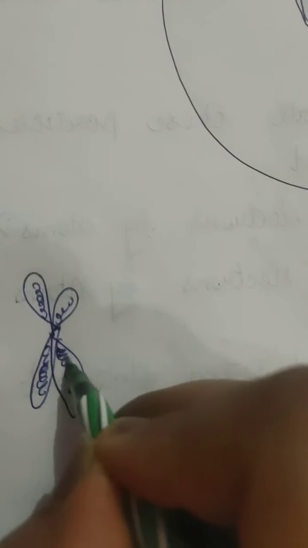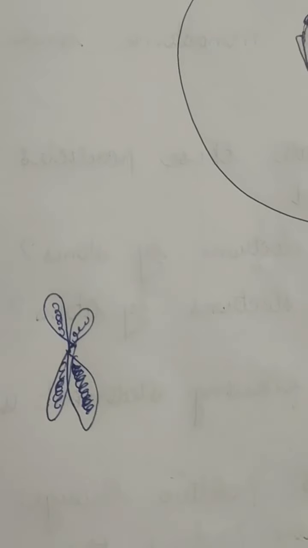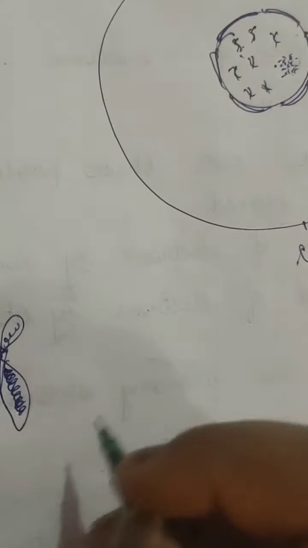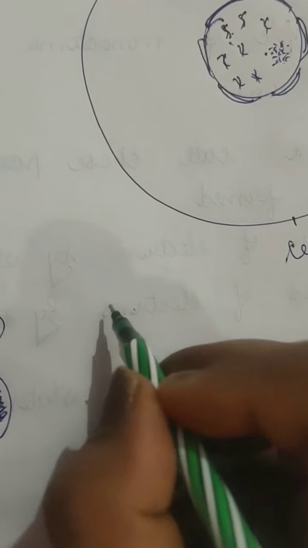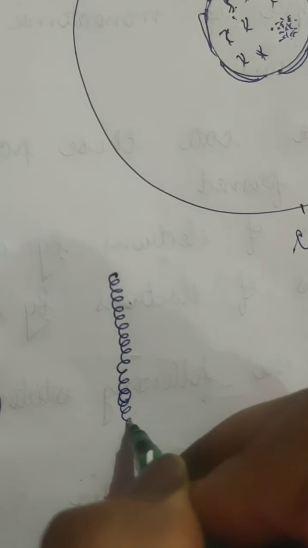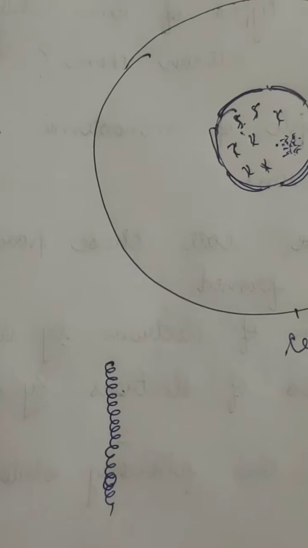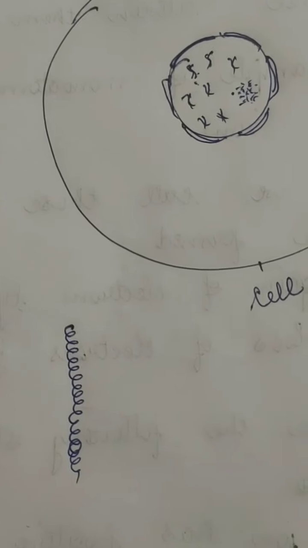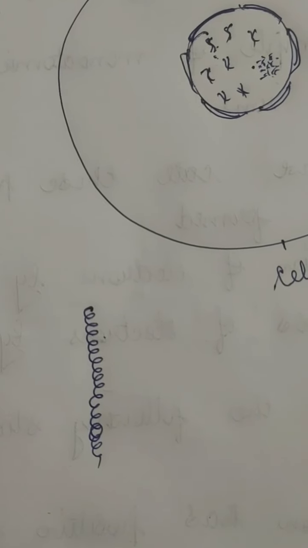Because they are in condensed form, but when there is crossing over, then it opens up. So suppose this is a chromosome here. The chromosome is in the cell, found in the nucleus, and it is formed by DNA.